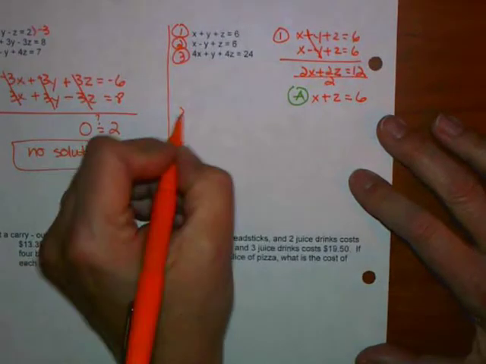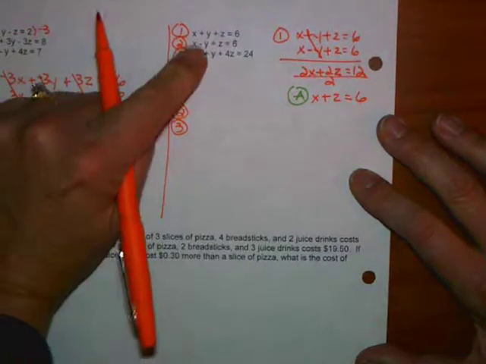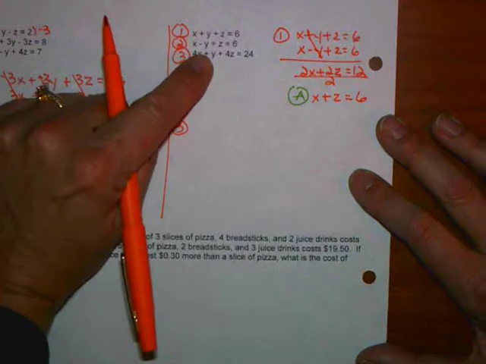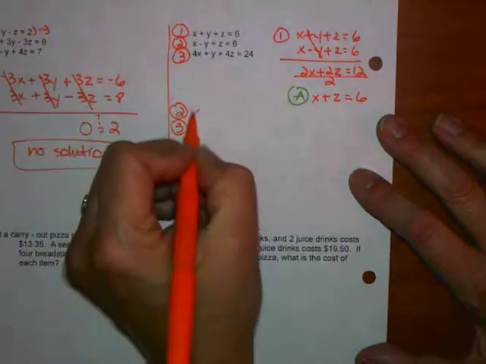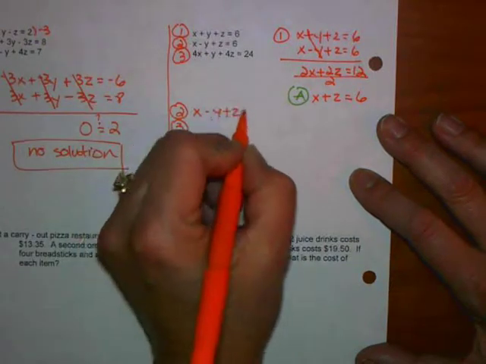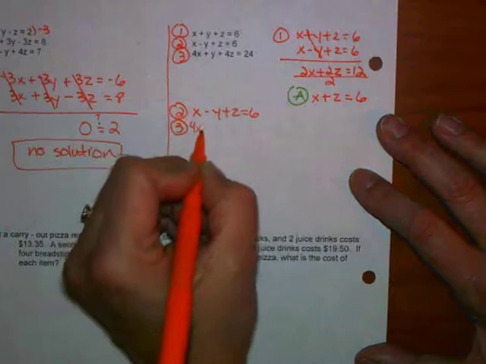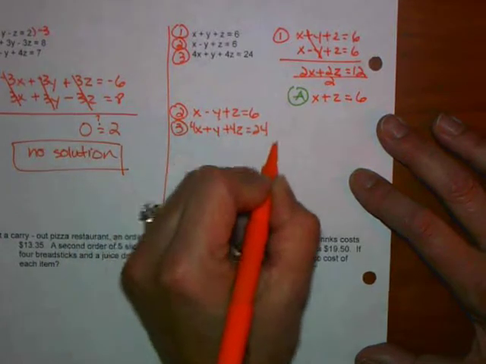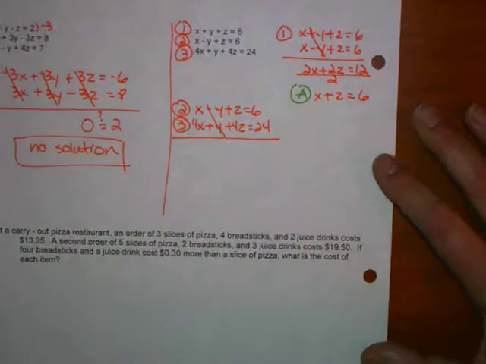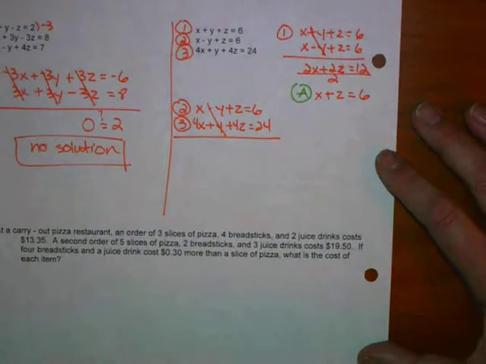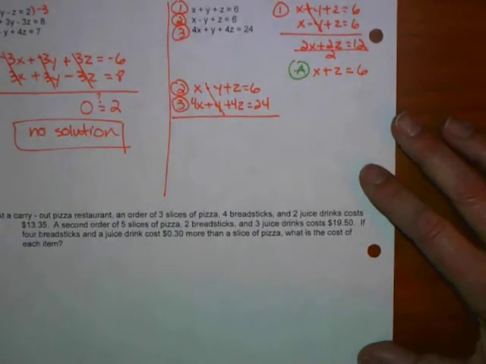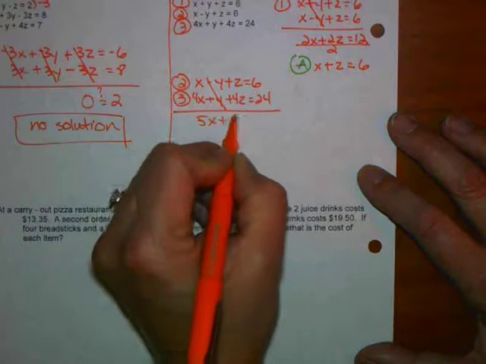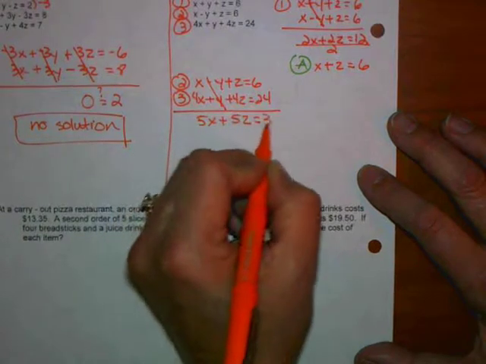Now let's do 2 and 3. Can I eliminate y here as well? So I don't really need to do anything. I just need to write them over and see what happens. Does somebody see it already? This goes away. 5x plus 5z equals 30.